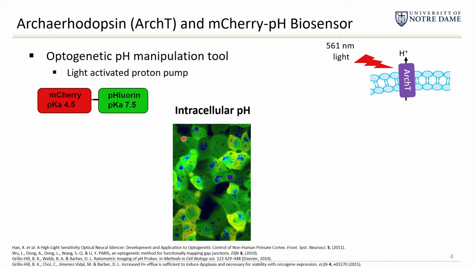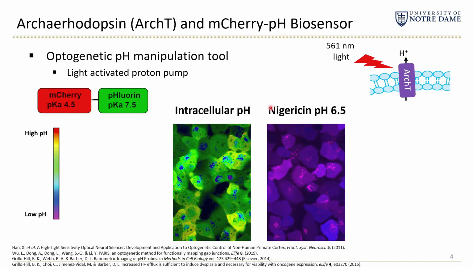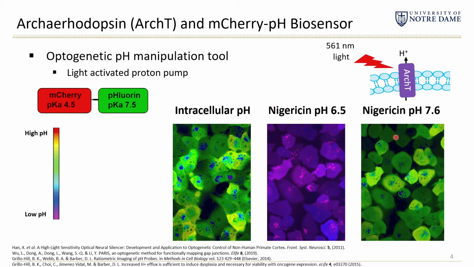So, how this would work is we would take a snapshot of a field of view of interest, and look at the ratio of fluorine to mCherry. We would then standardize with nigericin, a protonophore, to two known pHs, 6.5 and 7.6, for example. Once we have that, again, we take a capture of the field of view and look at the ratio of fluorine to mCherry.